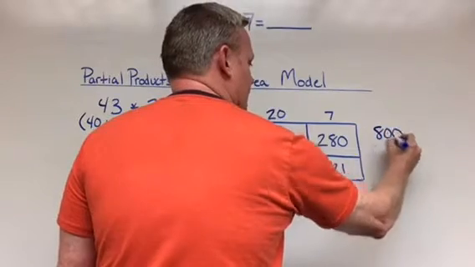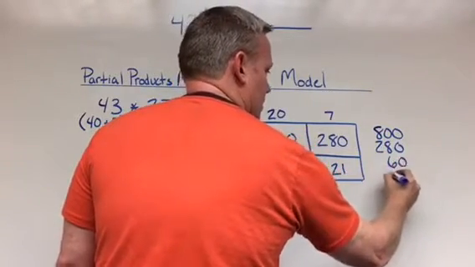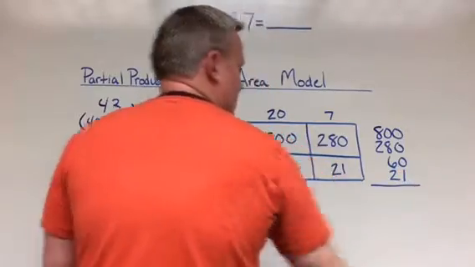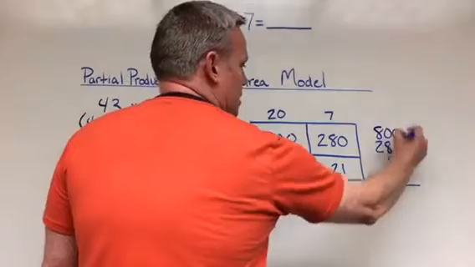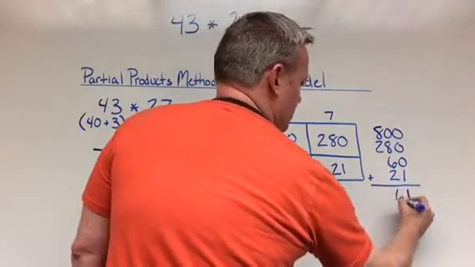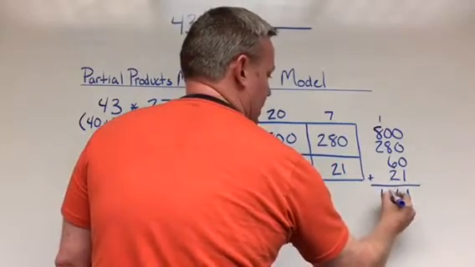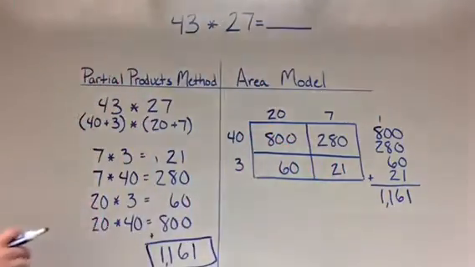Just put them off to the side. And again, using addition strategies that we've learned, we are going to add them up again. And again, we get the product of 1,161.